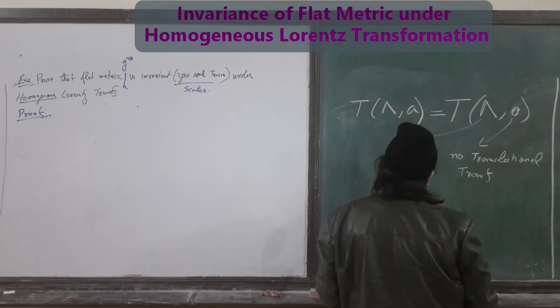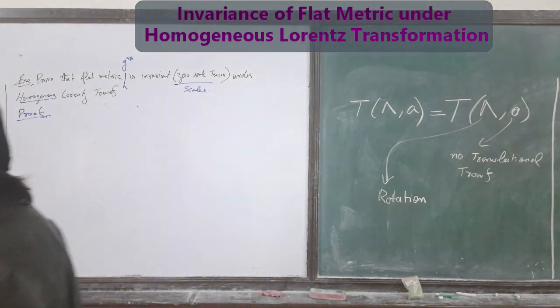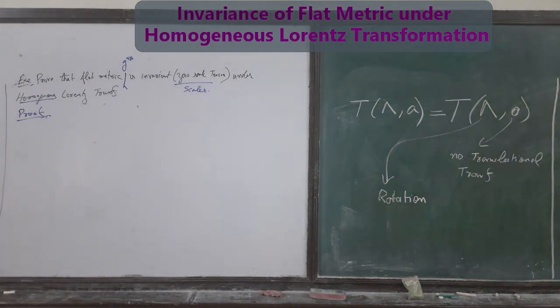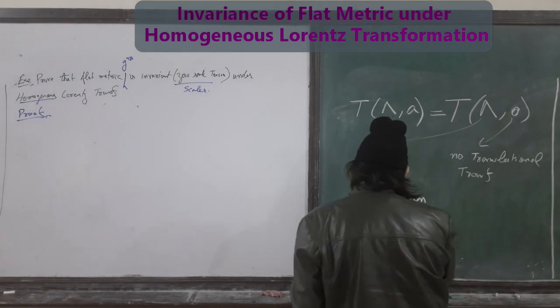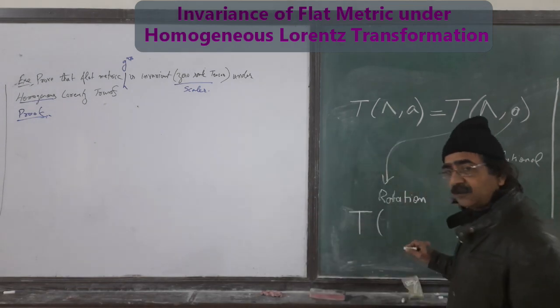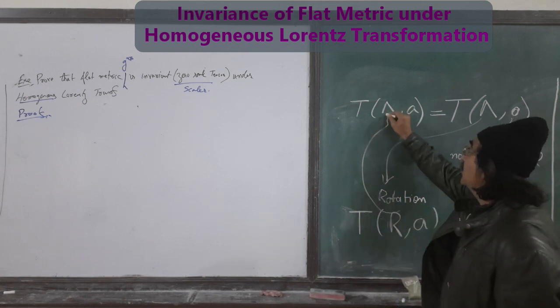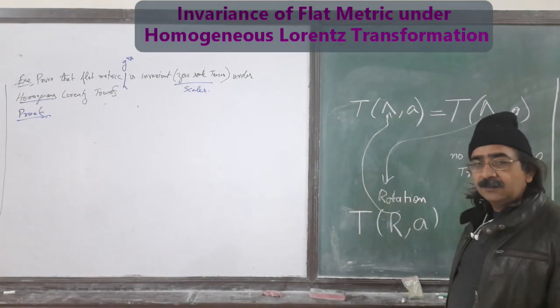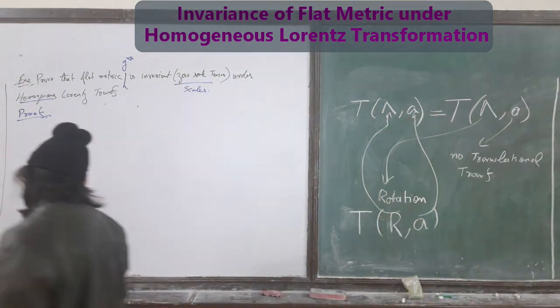I have already explained it in the previous lecture. This is gamma, not sigma, and this is a rotation. In Euclidean space there is R and A. In four dimensions, this R will be replaced with this gamma, and A will remain.